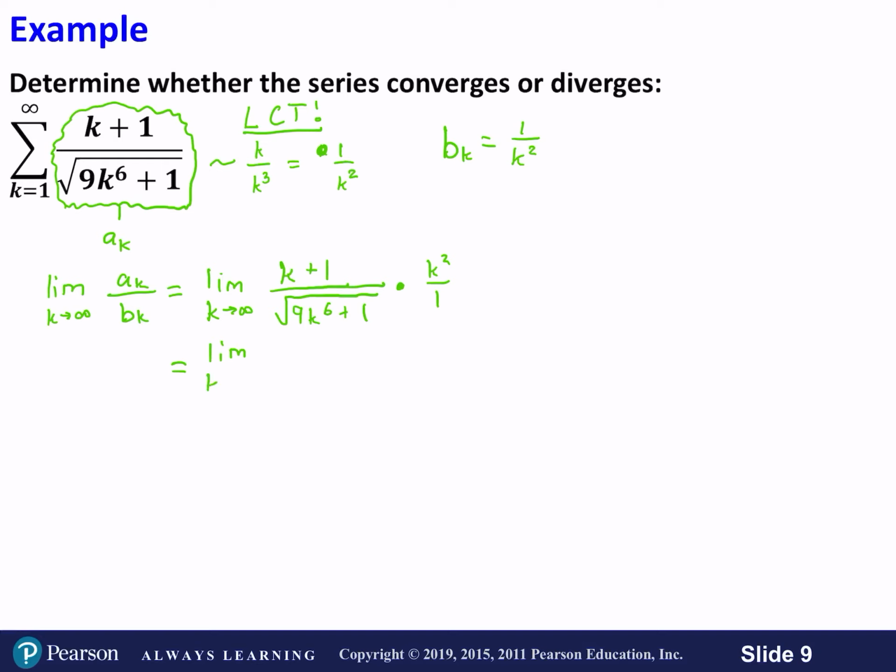So if we divide by it, we're really multiplying by k squared over 1. This gives us the limit as k approaches infinity of k cubed plus k squared divided by the square root of 9k to the 6th plus 1. If you remember back from your days in Calculus 1, the trick for figuring out this limit is to multiply both the numerator and denominator by 1 over k cubed.